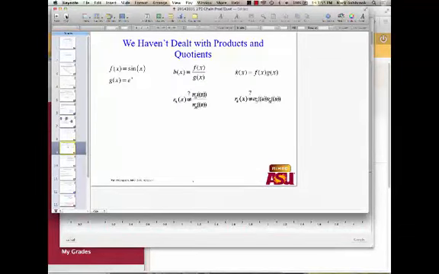Okay, this is what we've been doing. This is our derivative, our difference quotient, right? That's how we find derivatives. This is how we find rate of change: the change in y over the change in x for a change in x of h. We've done this many, many times. So what do we do with this?